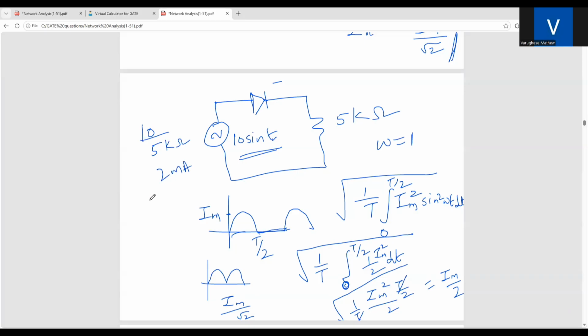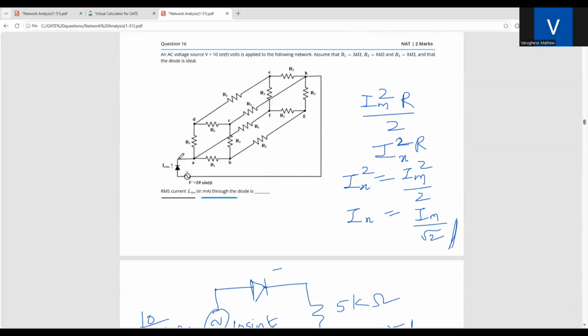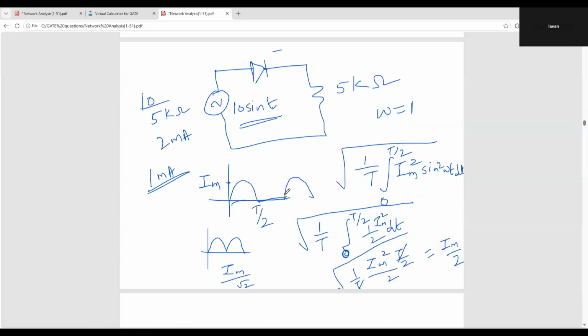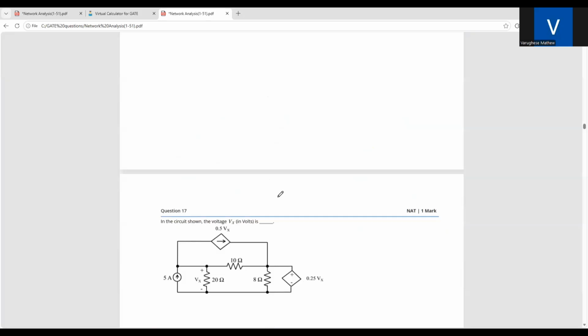And Im by 2 is going to be 1 milliamp. So IRMS in this case is 1 milliamp. In this question, IRMS in milliamp through the diode is 1. Clear? Now let us do this problem.